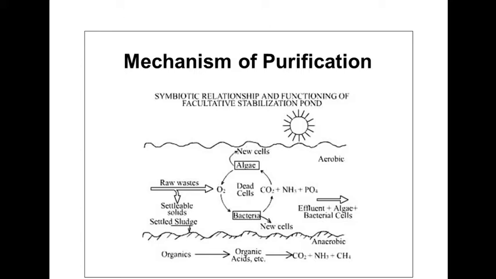As we know, the facultative pond is the combination of the aerobic and anaerobic stabilization pond plus facultative bacteria. As we already discussed about the aerobic oxidation pond or aerobic stabilization pond, it is used for nutrient removal, treatment of soluble organic waste, and also for the conversion of waste.